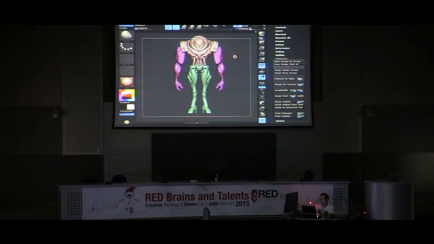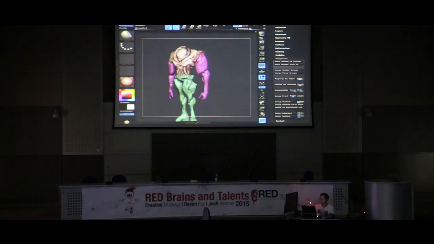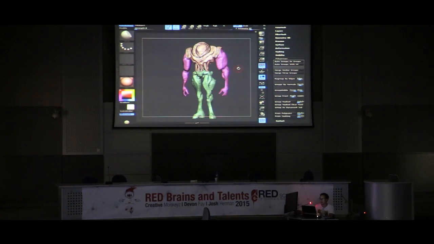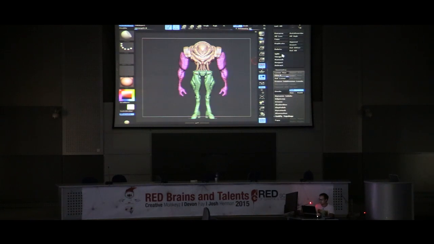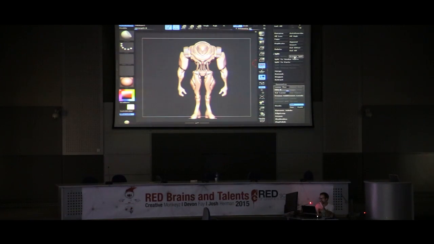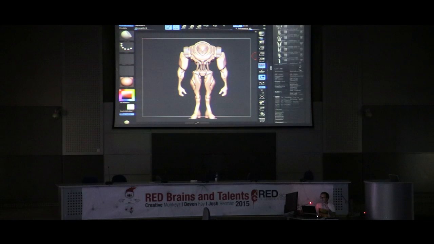So now we have this chunk that is hidden into this piece, this chunk that is the torso piece, and this chunk that is that. I'm going to go into Split, Group Split. Be careful, ZBrush users, this is not undoable. So I usually, just in case, make a duplicate.